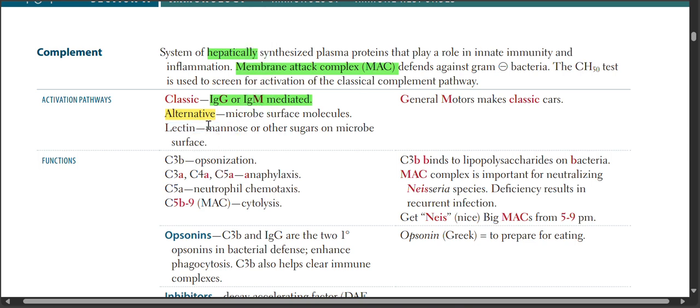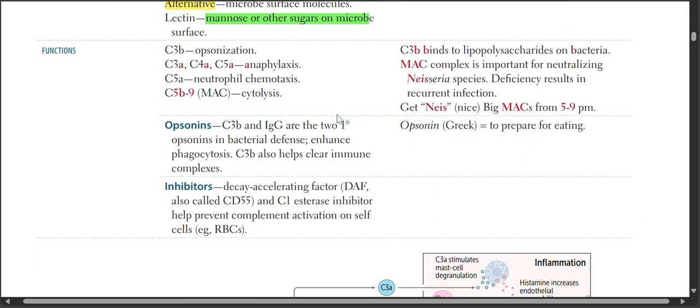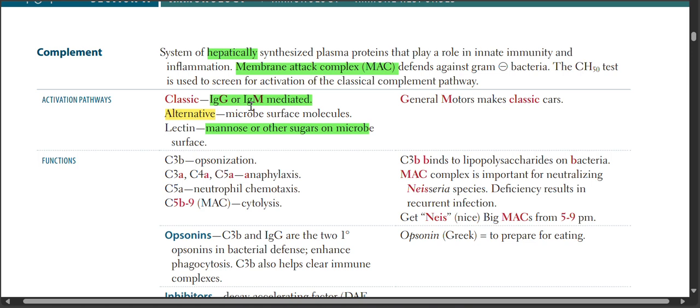So remember that mannose is a sugar on bacterial surfaces. It's a lot of memorization, but if you can remember this portion, then I would say you're already done with about 50% of complement.